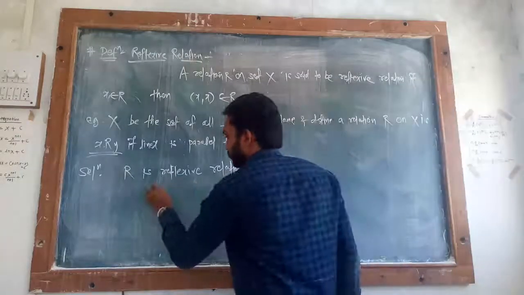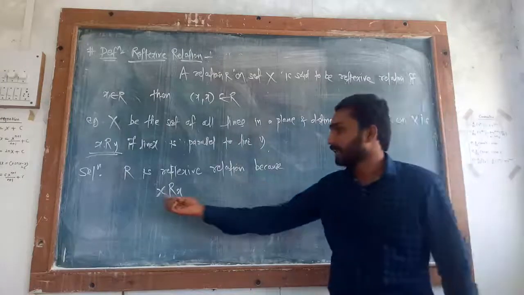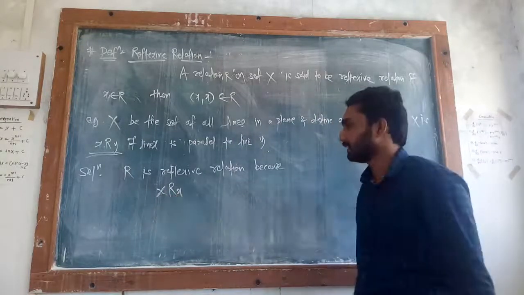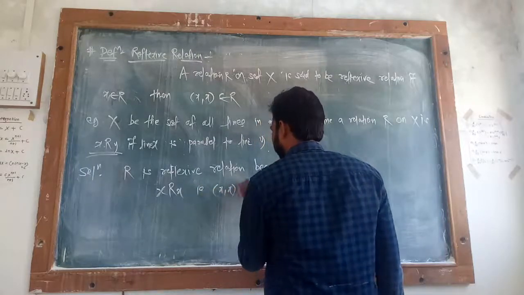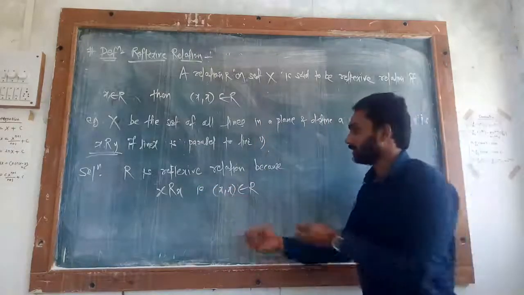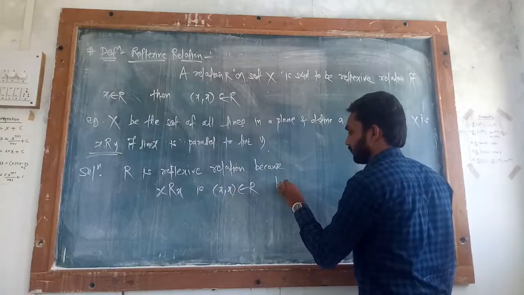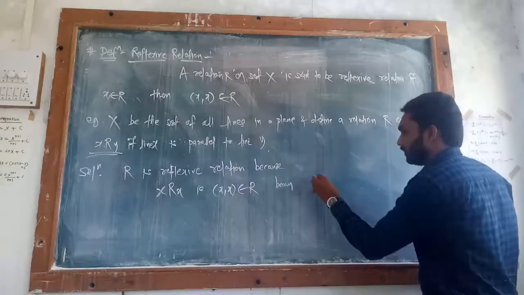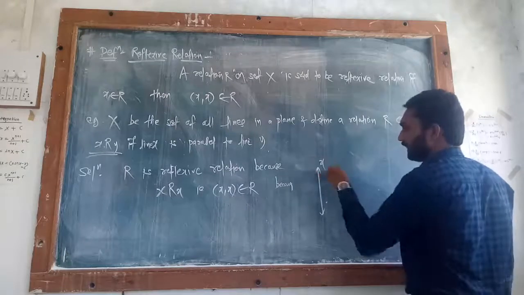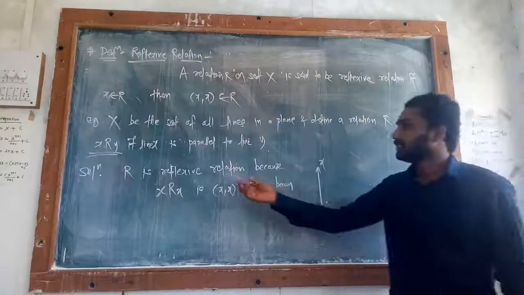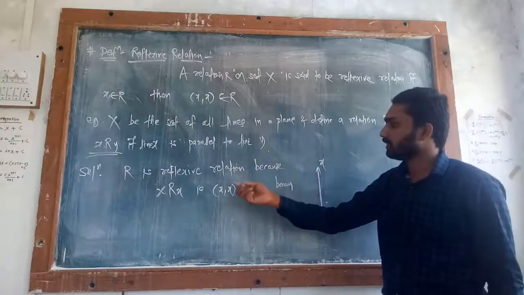Because x is related to x, that is, (x, x) is a member of R. If we are given this line, the line x, this line x is parallel to y, which is also x.